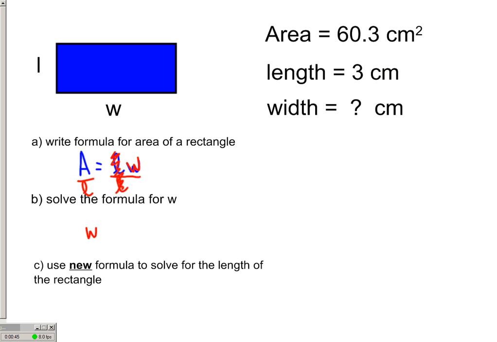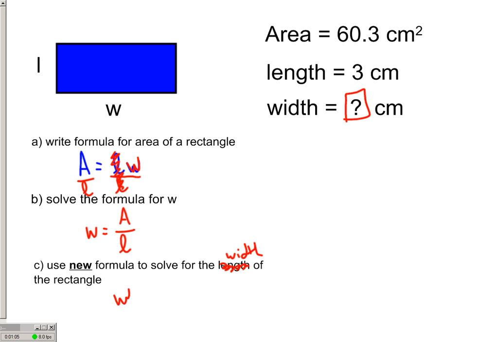So solve the formula for W. Here we are. W equals, or width equals, area divided by length. Use the new formula to solve for the width of the rectangle. So I don't know what W is.